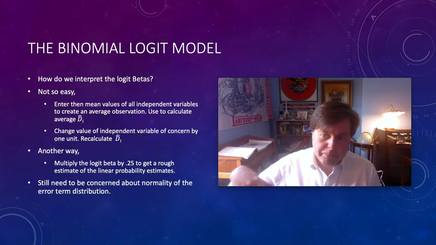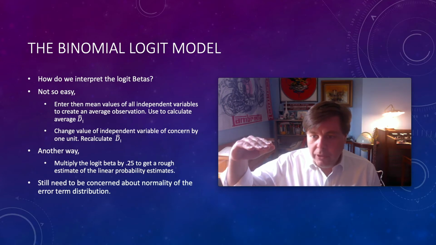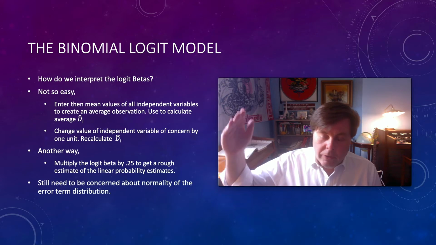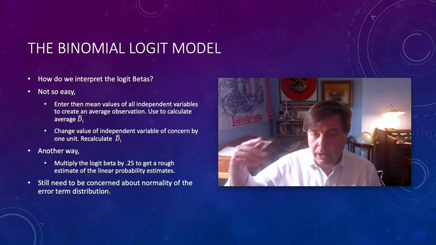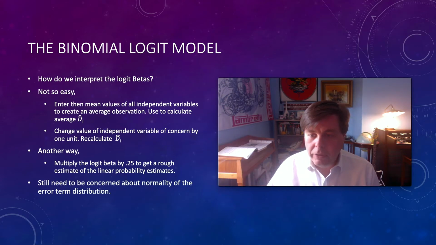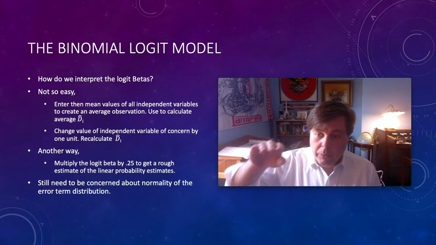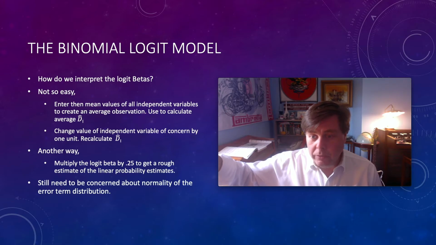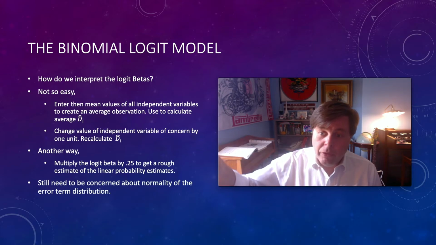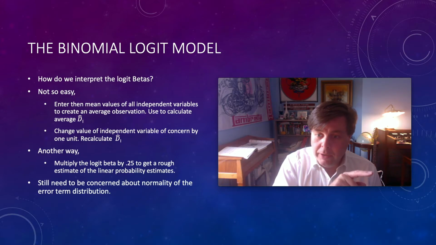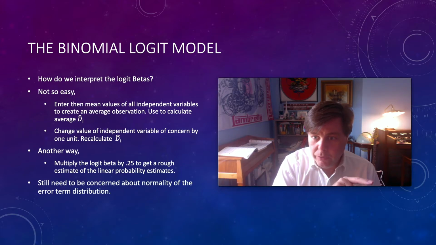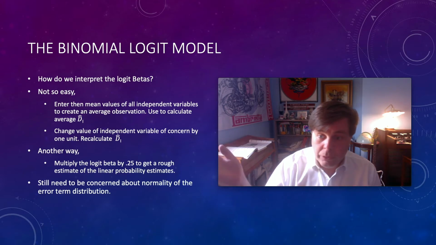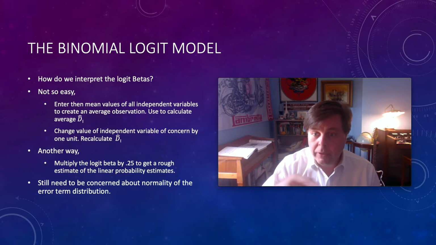So we want to know, if we increase advertising by another $10, how much does that impact the likelihood of a person buying a thing? Well, we would want to take all of our average independent variables, including our average value of ad expenditures, and use all those averages to calculate a value of D, just solve it out.